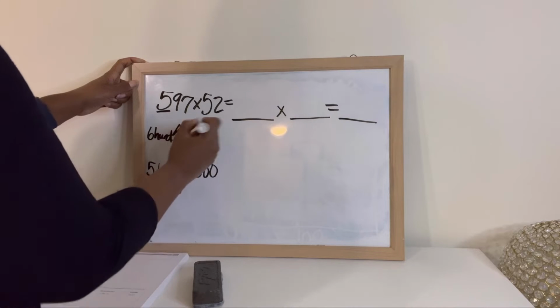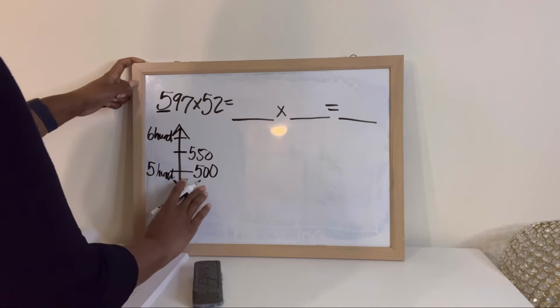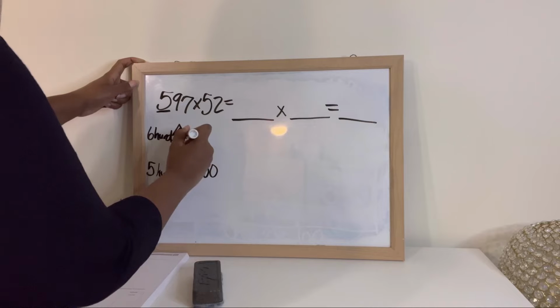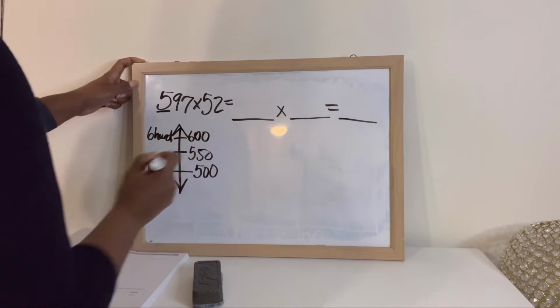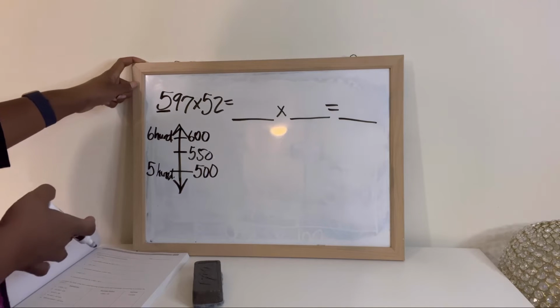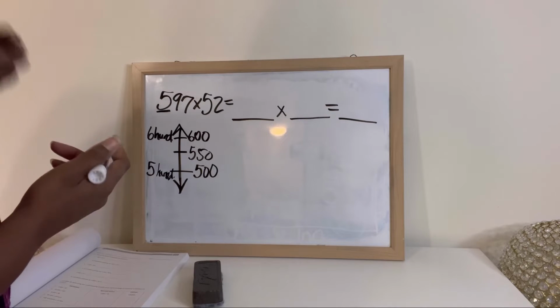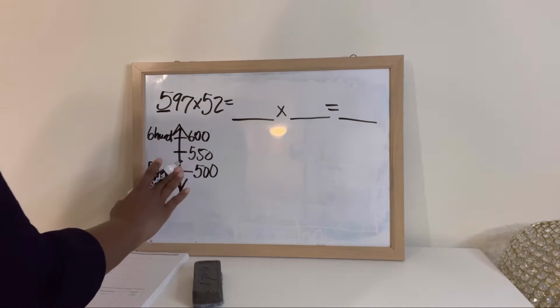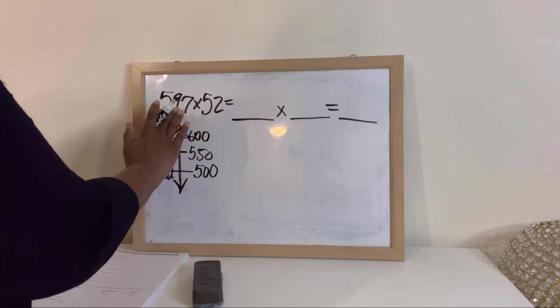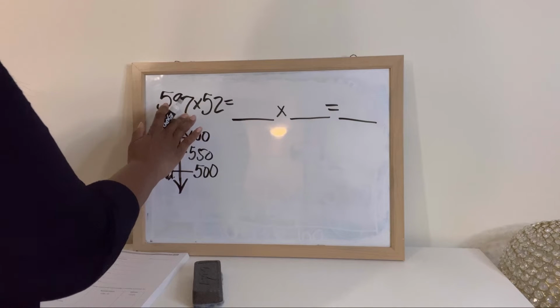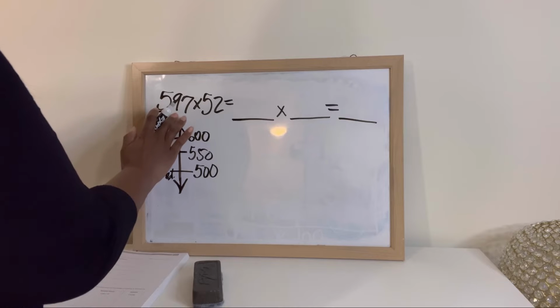On this side, we will write the standard form. I already did it here. I put 500, and here I'm going to put 600. Okay, so using our vertical number line, this can help us to round this number. We're going to look up here at our number, 597. We have a 9 here in the tens place.